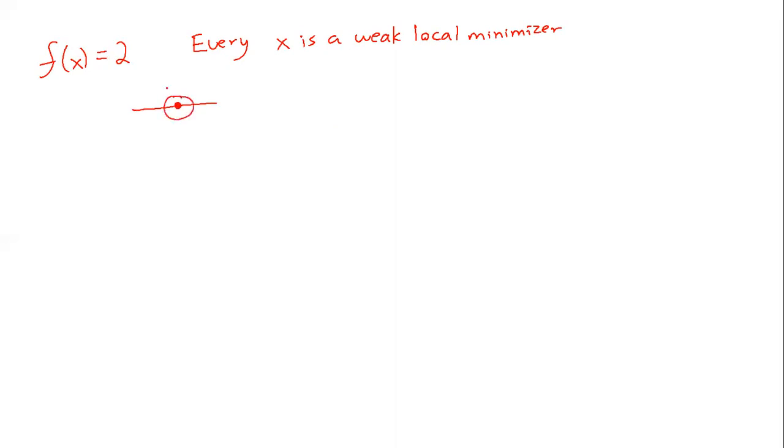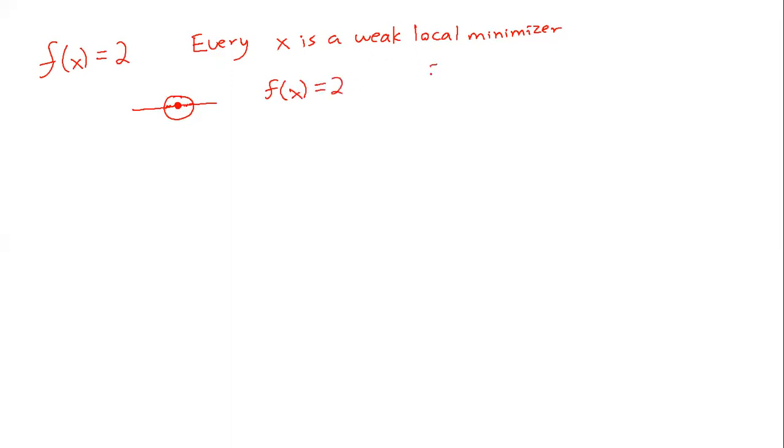So it says f of x is equal to 2. Every x is a weak local minimizer, because every x gives the same value of the objective function. They're all equally small, and in any neighborhood you take around a given point, all of the x's around it also have f of x equal to 2.